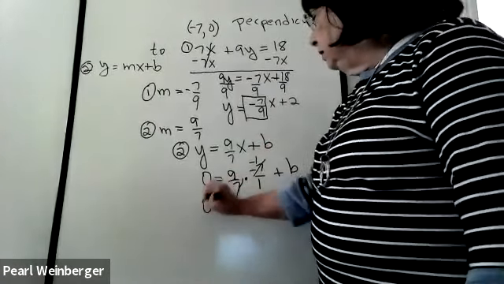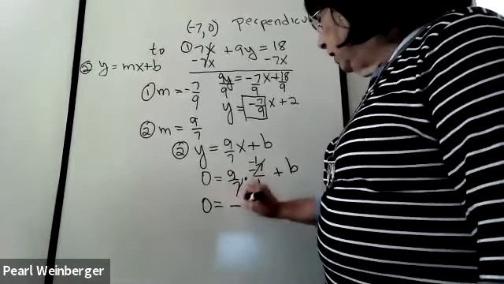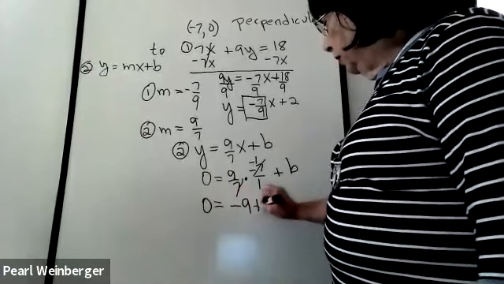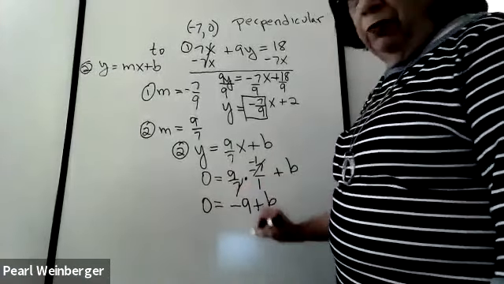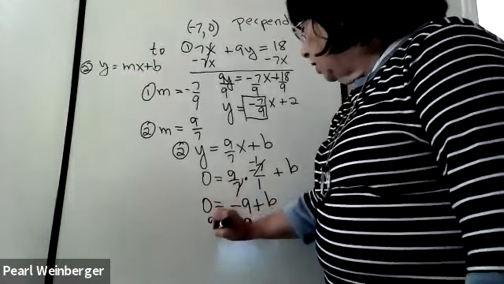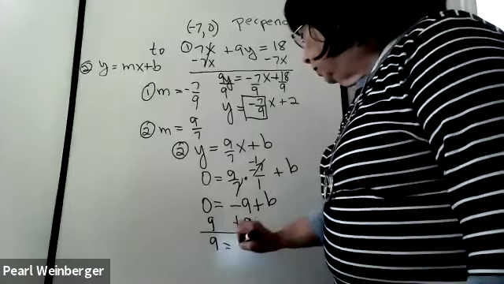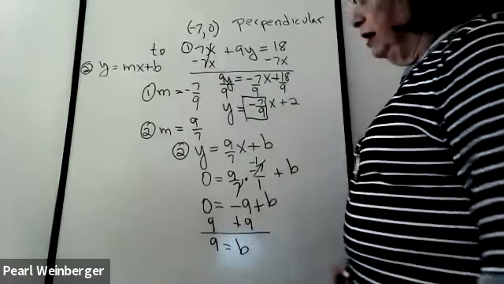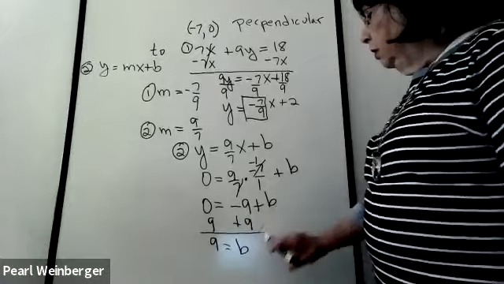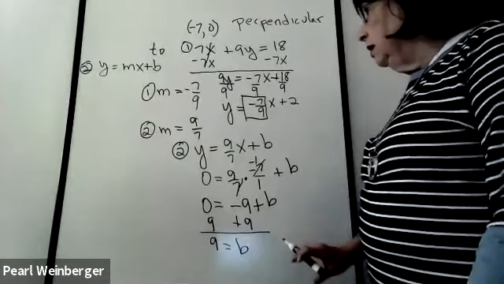So this gives me 0 equals 9 times -1, which is -9, plus b. And if I bring the 9 to the other side, this will give me 9 equals b. In this case, it wasn't a fraction, it was a whole number. The y-intercept of this new line is 9.